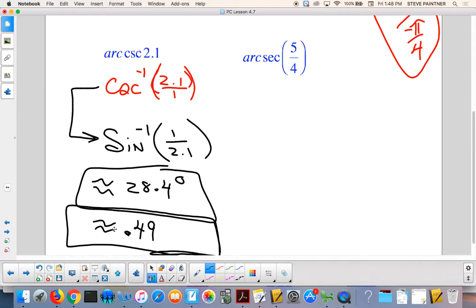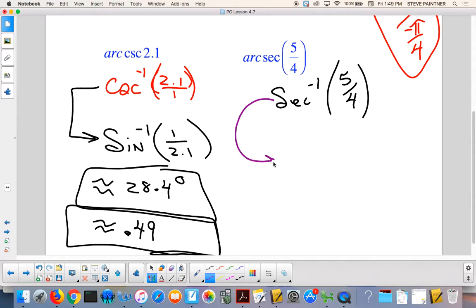Okay, do that one. Arc secant, that's just inverse secant of 5/4. And you don't have this button, by the way. I hope you went to inverse cosine, and you did what with the 5/4? 4/5, right?